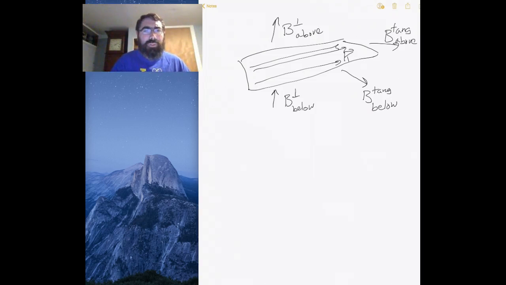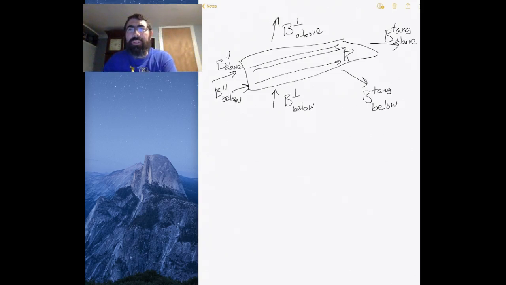I could also have a magnetic field which is parallel above and a magnetic field which is parallel below. Those are all of the possibilities for magnetic fields created by this surface current.